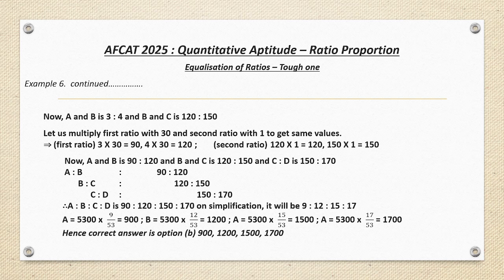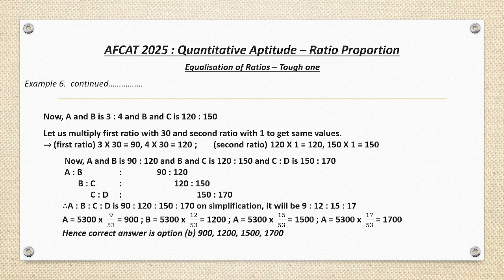And in all the three ratios, the B value is 120 and the C value is 150. Right? So A to B is 90 to 120, B to C is 120 to 150, C to D is 150 to 170. Right? So A, B, C, D is 90 to 120 to 150 to 170.